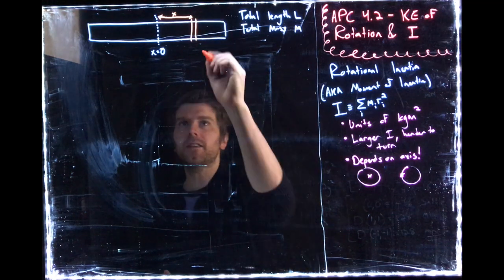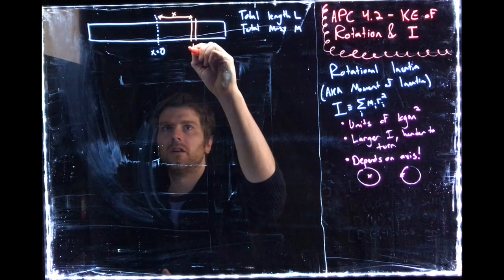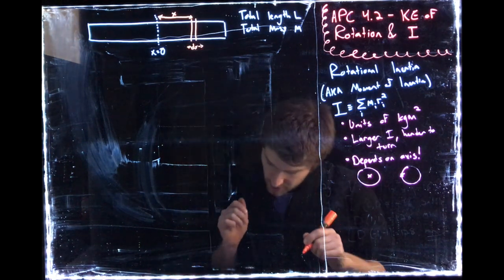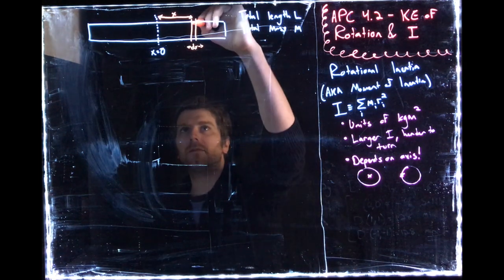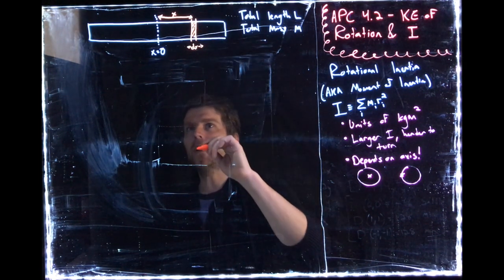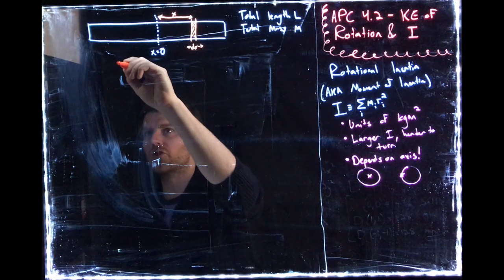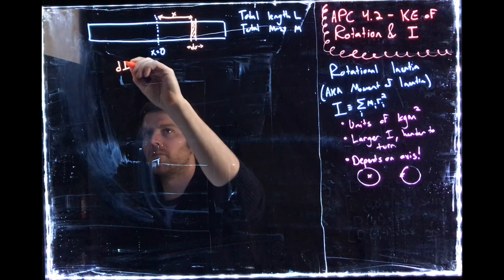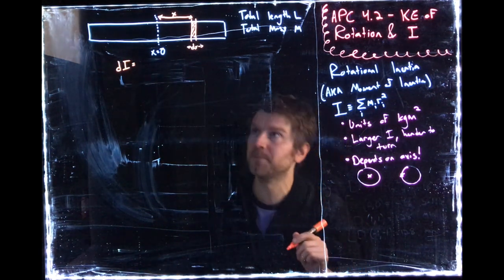And I'm going to say that the slice has a thickness or a width of dx. And so what I could say is, this little slice in here has some mass and is some distance away. And so it's going to provide a tiny little bit of my moment of inertia.